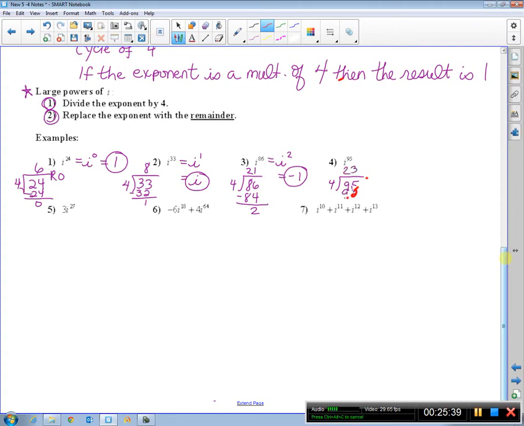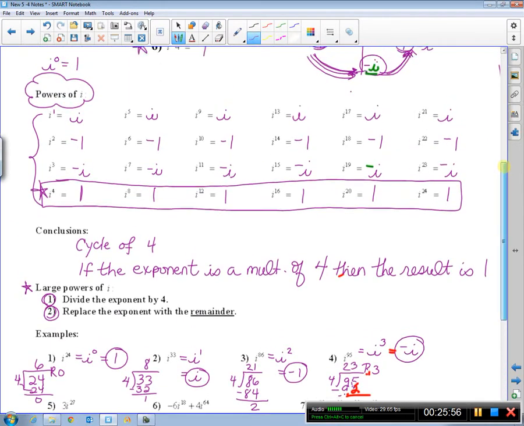That's 92 with a remainder of 3. So this is equal to i to the third, which equals negative i. You will always get one of these in this first column: i, negative 1, negative i, or 1.